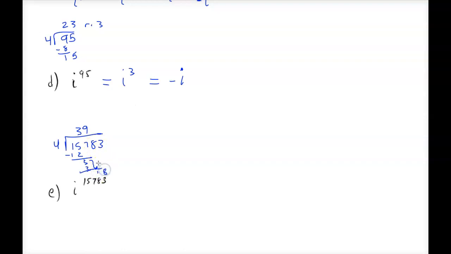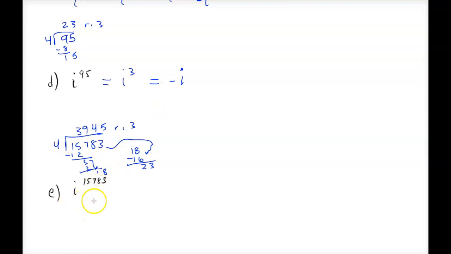Bring down the 8. 4 will go into 18, let's say 4 times, and I'll just bring that up here with a 2 remainder, and then this 3 here will have to pass down, and then 4 will go into 23 5 times with a 3 remainder.